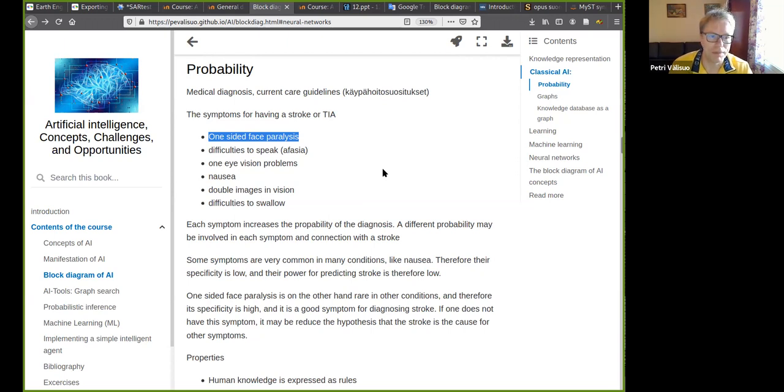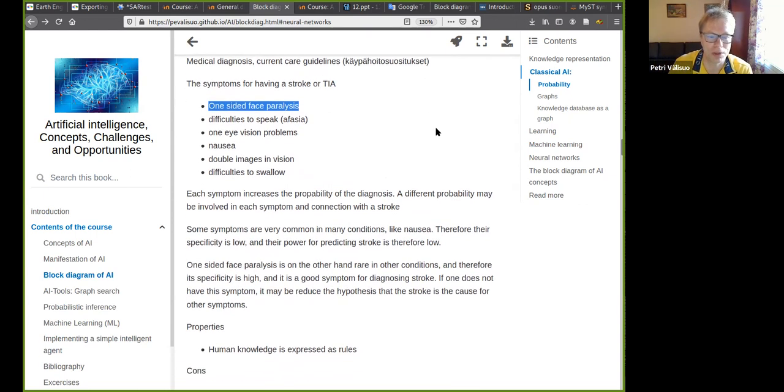But no system is perfect. This is made for human beings, and it has its deficiencies, but it is, of course, very useful in practice.